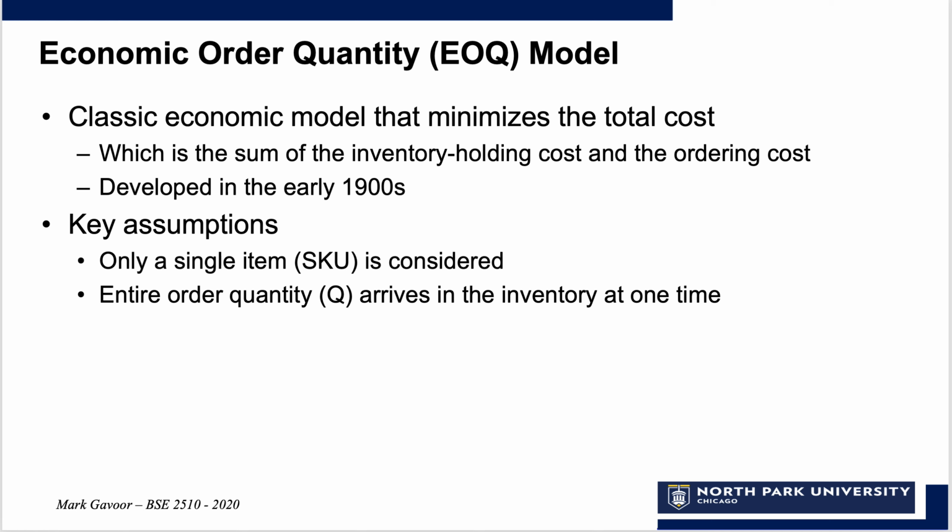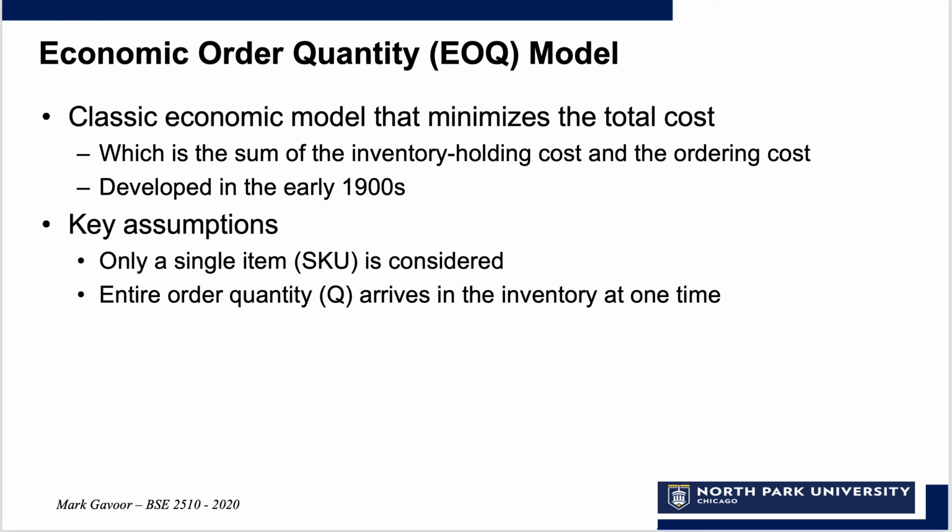And the economic order quantity model, which almost no one uses but everybody learns in school. The reason almost no one uses it is it's pretty simplistic. It's like the crazy uncle problem, a back-of-the-envelope kind of calculation.